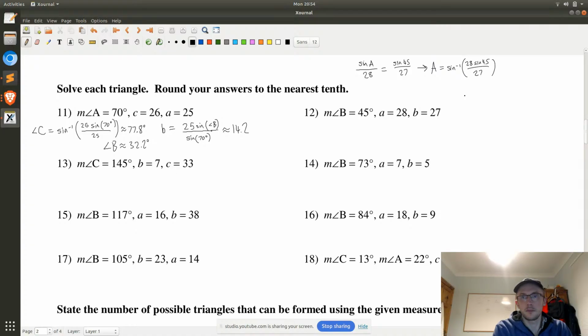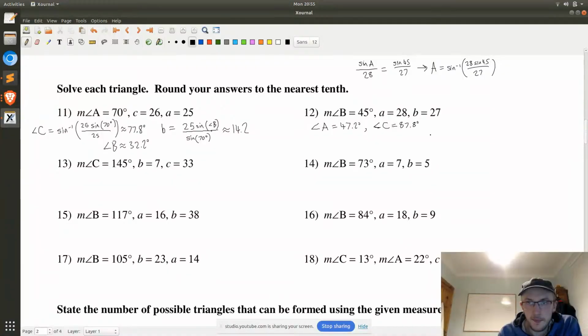Now, 47.16 is a possibility. Then we obtain angle C from that by doing 180 take away the answer plus 45, so we get 87.8.